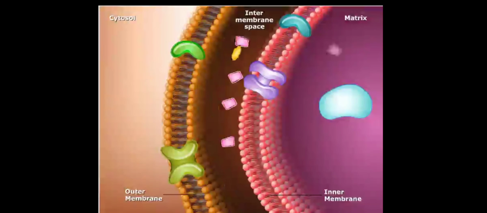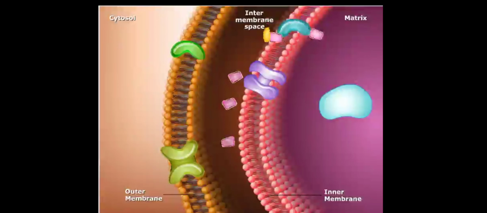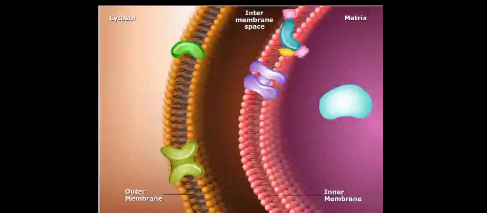In order for acylcarnitine to cross the inner membrane into the matrix, it must pass through an antiporter called acylcarnitine translocase. This antiporter will simultaneously exchange the acylcarnitine in the intermembrane space with a carnitine from the matrix.